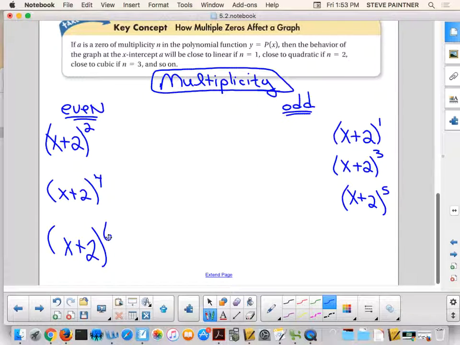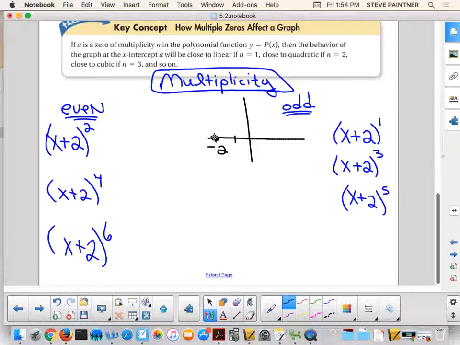I could keep going, but I'm not going to. So why is it important? When you graph multiplicity of 2, 4, 6, 8, or 1, 3, 5, what happens on this one? Can you tell me the 0 out of that? Negative 2. Okay, here's what happens.